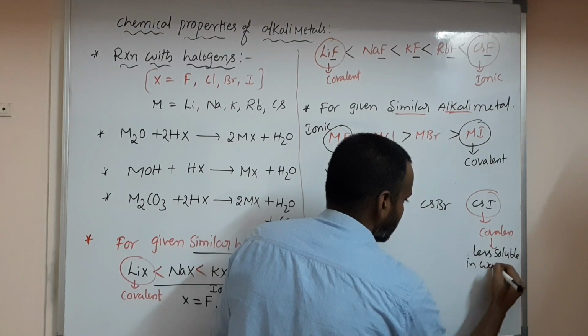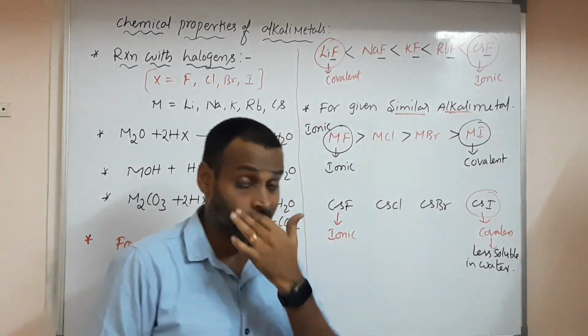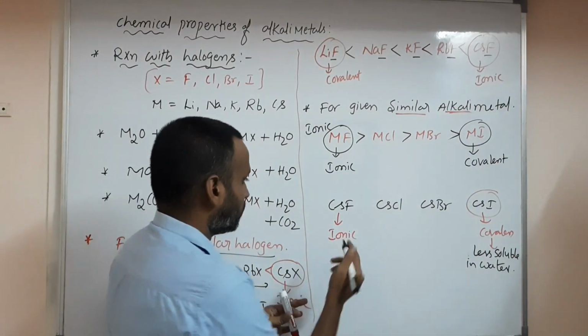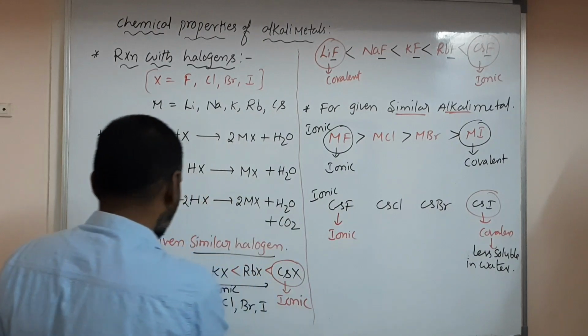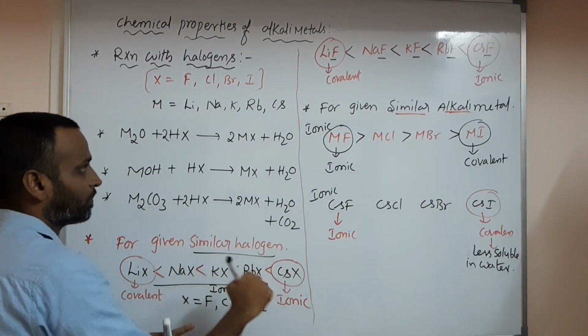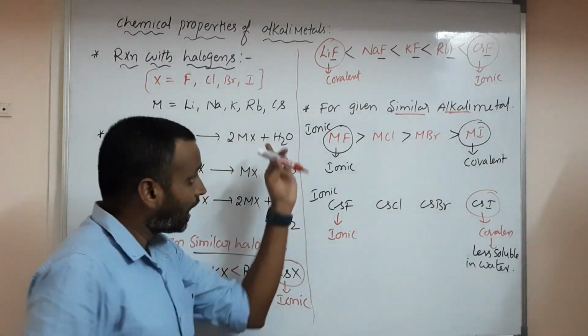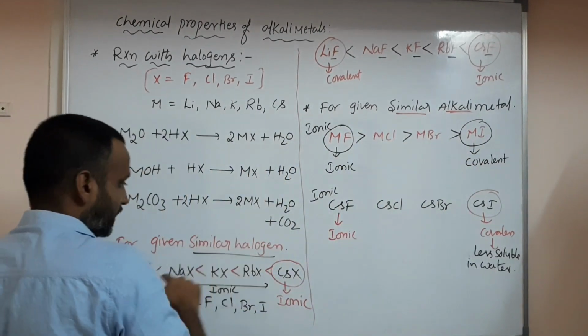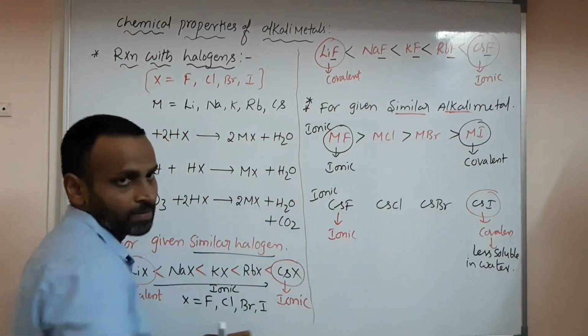Very simple. Understanding? So this is ionic, that is covalent. So ionic nature, what happened here? Opposite. Here ionic nature increased from lithium to cesium. But here the same alkali metal, different halogen, ionic nature decreased.